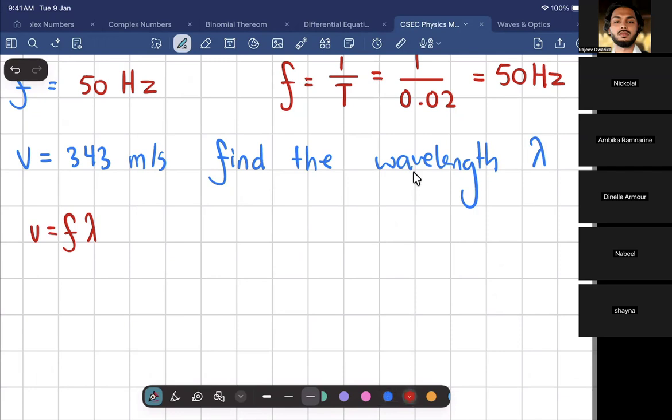Excellent. But for those of you that don't understand why she did that, right now wavelength is on your right hand side, and it's being multiplied by what? Somebody other than Ambika. Nikolai, Danelle, Nabil, Shina. What is wavelength being multiplied by on your right hand side?